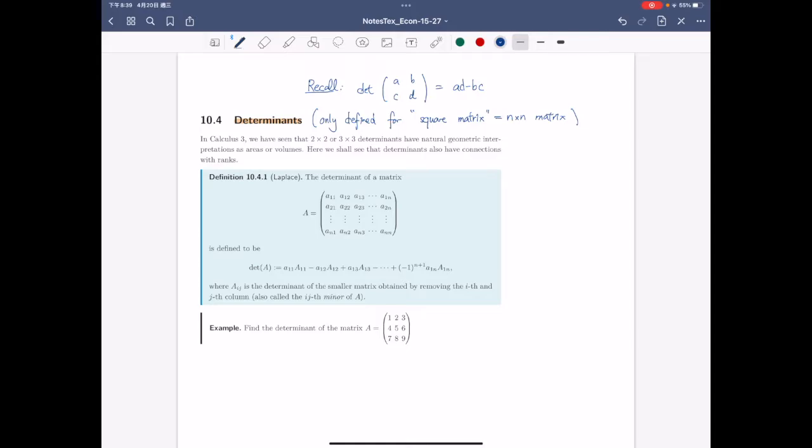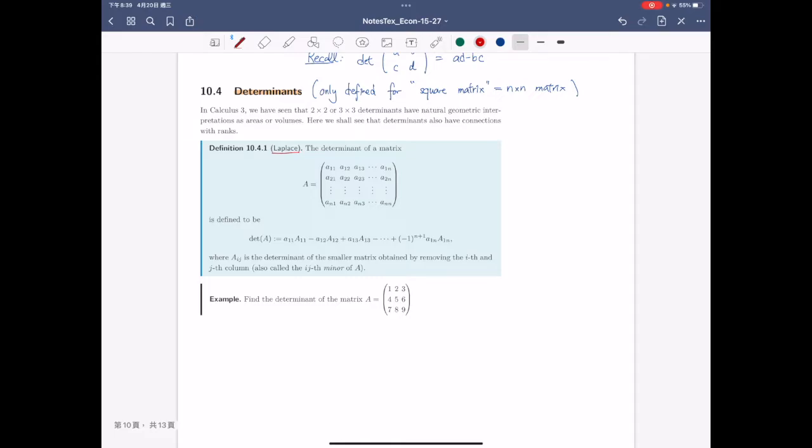So let us have a look at how it's defined. The definition actually comes from a very important mathematician called Laplace. Laplace defines the determinant of a matrix by, okay, what's the idea? The idea is he takes the first row, and then he adds signs, so plus, minus, and so on, okay? Then how does he define the determinant?